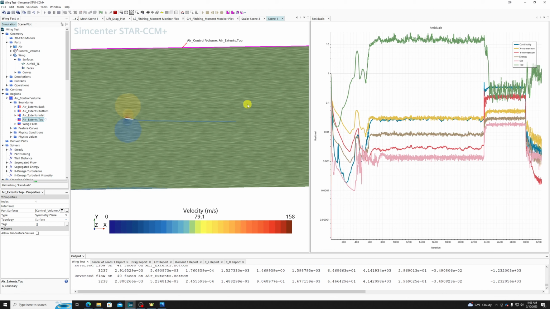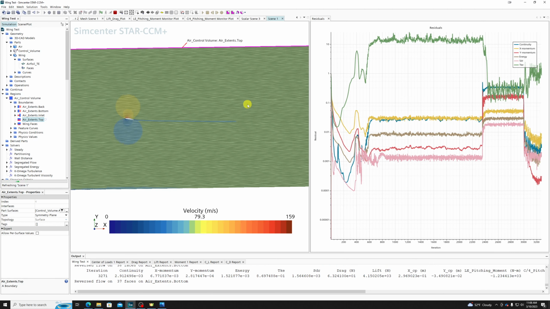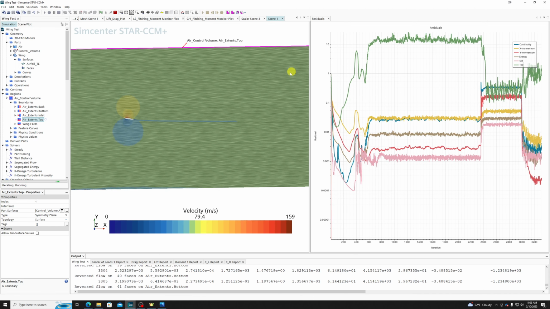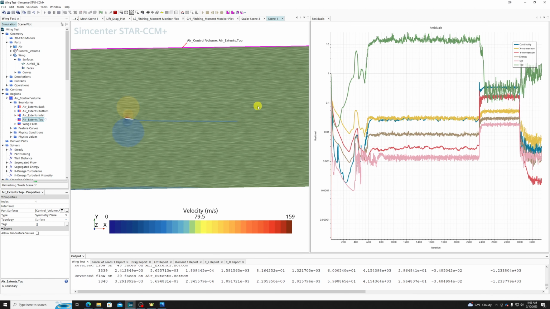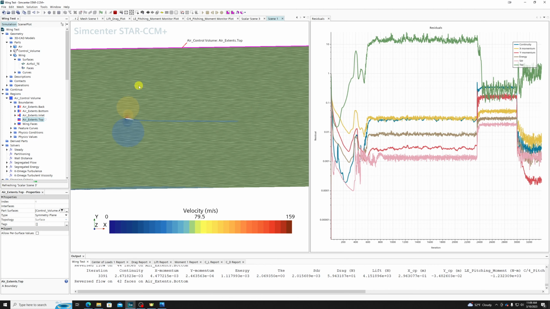TKE isn't the most happy with us, but the rest of it is much happier than it was before. Right, they're getting down there in that 10 to the negative 3 neighborhood. The problem is the symmetry plane doesn't allow flow to move through it.